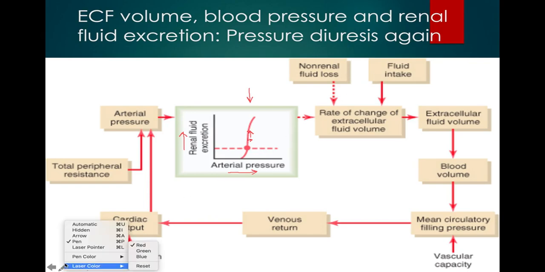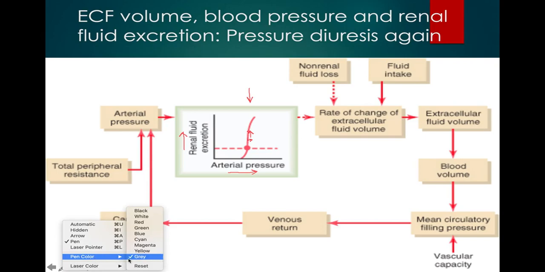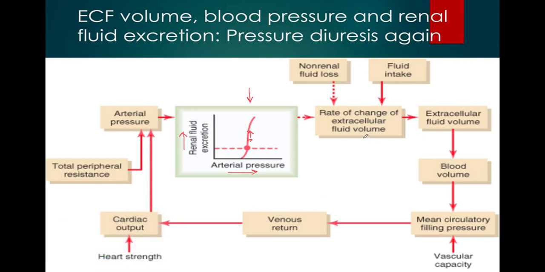I'll change my pen color here. Okay. So we've got our extracellular fluid volume, obviously adjusted or altered by fluid intake and fluid loss, non-renal fluid loss, but also our renal fluid loss.